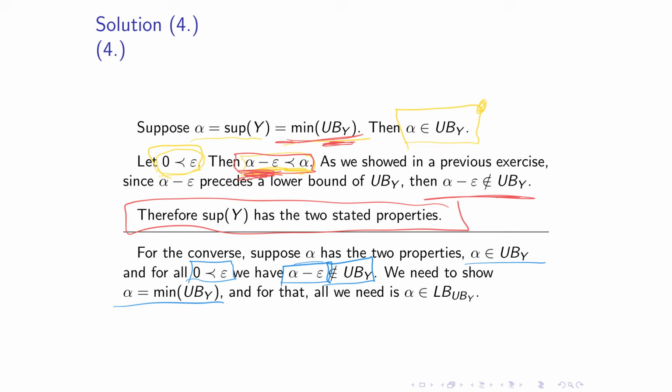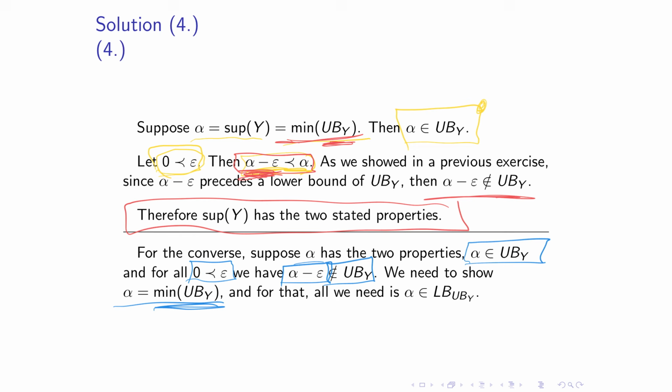Again, part of this is completely trivial because the definition of minimum is that it be in the set and also a lower bound of the set. That's just the definition of the minimum of any set.